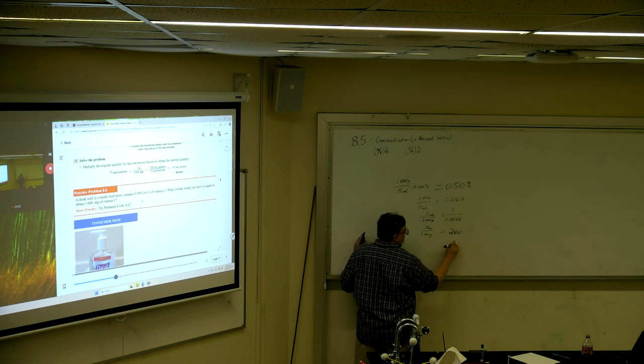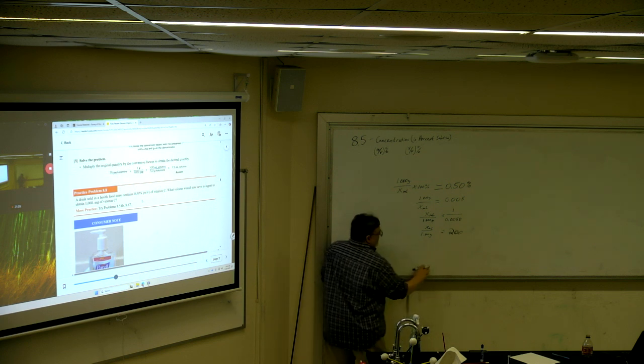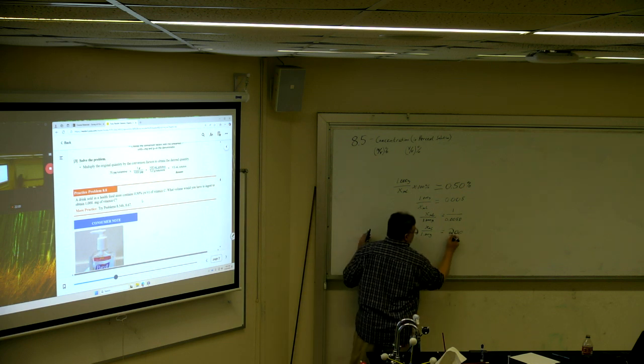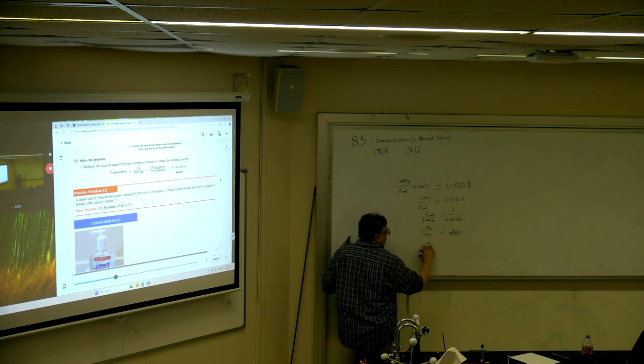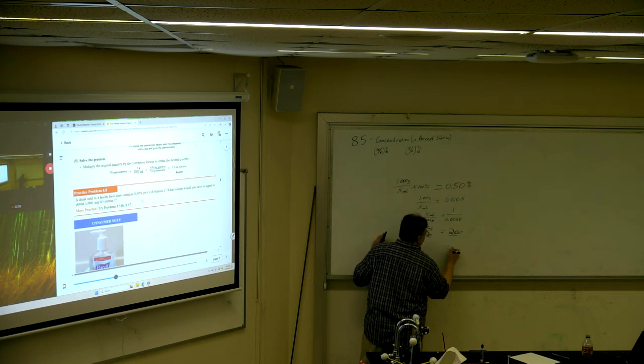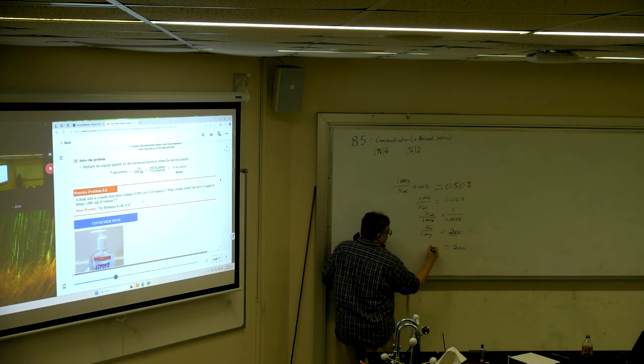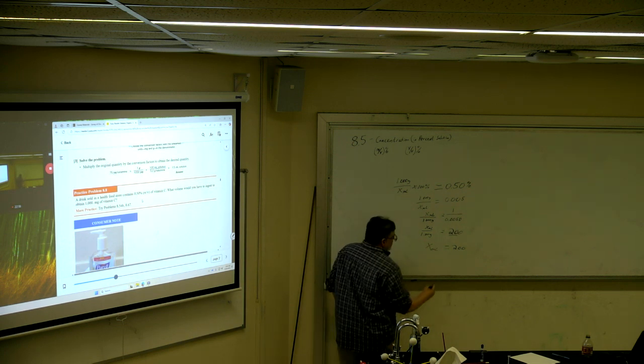It really needs to be in scientific notation. So it's these 2 that are significant. I'm going to multiply both sides by 1, which is going to leave the 200. And it needs to be 2 significant figures.